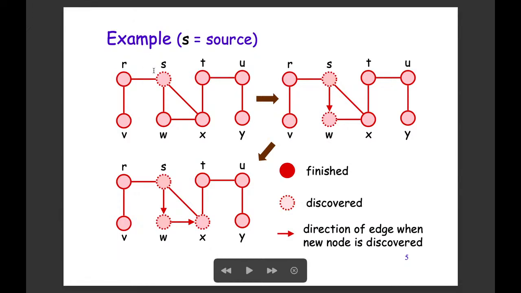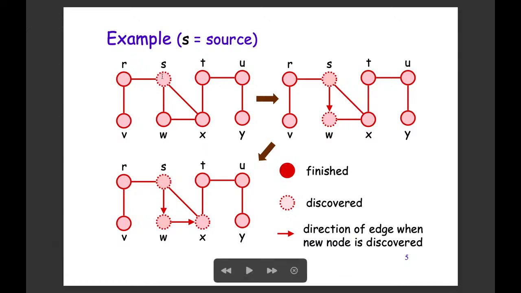Is that okay? So if we start from S, the process that we are going to visit will be something like R, W, X. Is that okay? And then V, T, and then U, and then Y. So BFS will work out like this. It is completely different from the DFS.